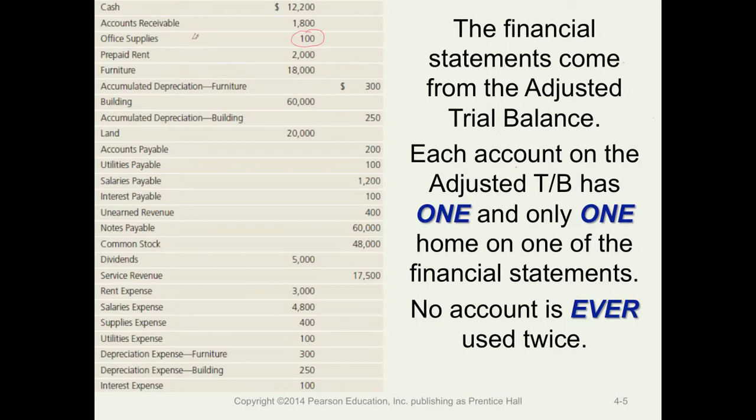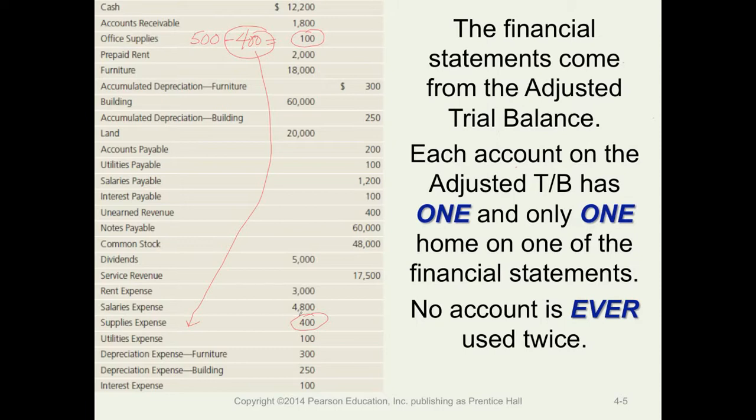We started with the 500, just again to refresh your memory, and that means we must have used up 400, and that's when we come here and charge the income statement for the supplies expense.